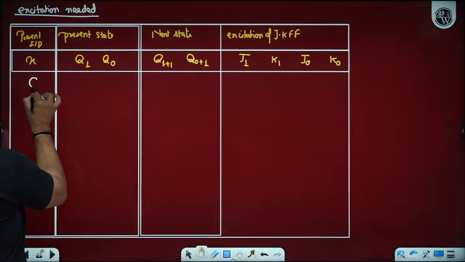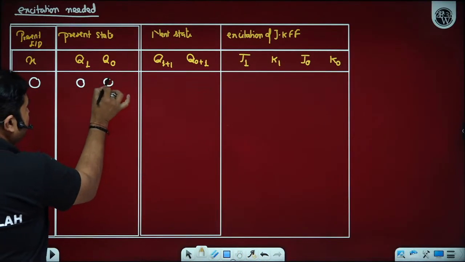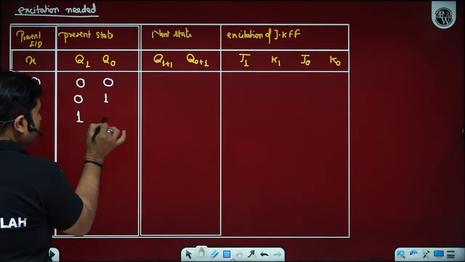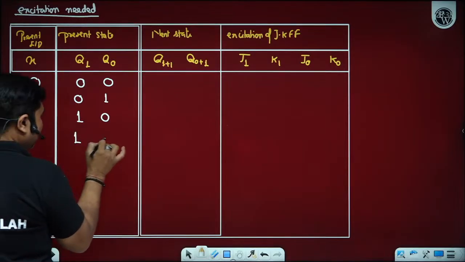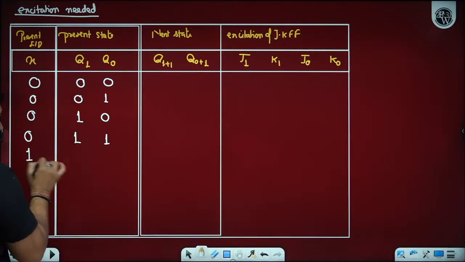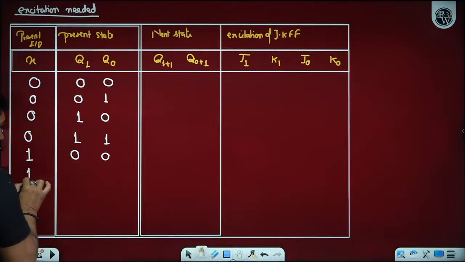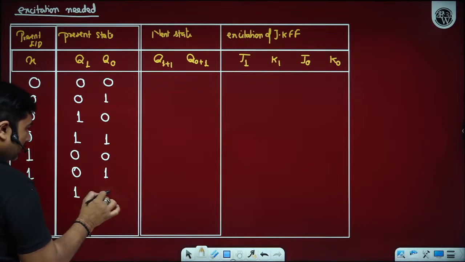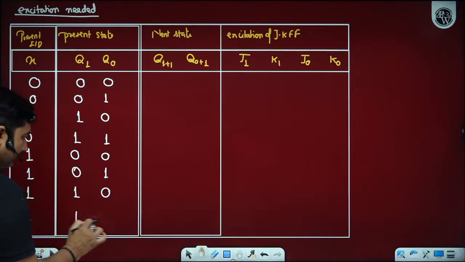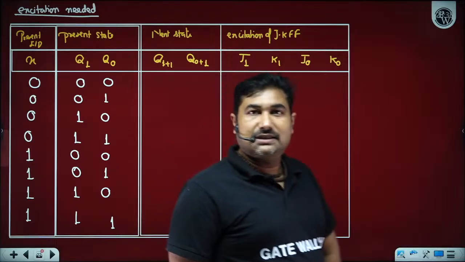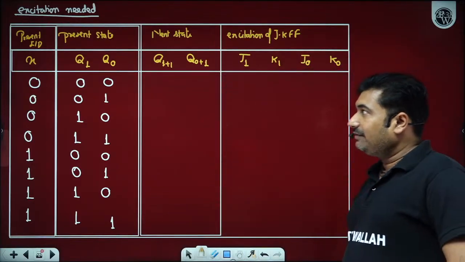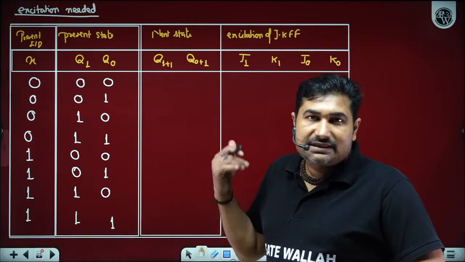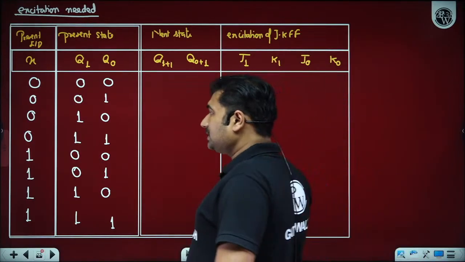With x as 0, present state can be 00, 01, 10, 11. With x as 1, present state can be 00, 01, 10, 11. So with the present input and present state, we have a total of 8 combinations possible, from 0 to 7.